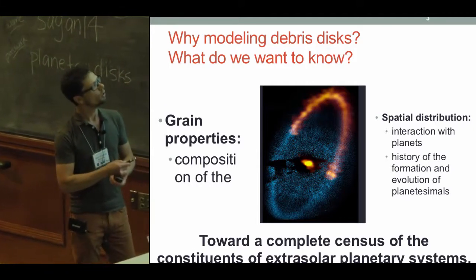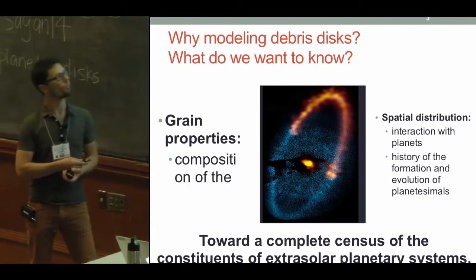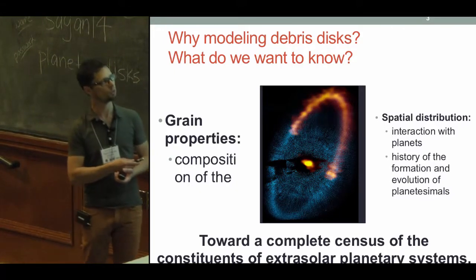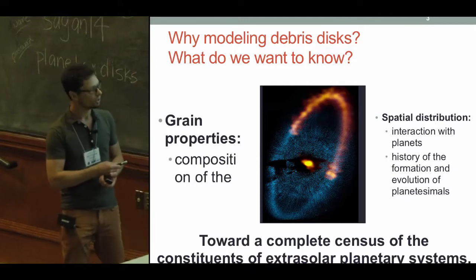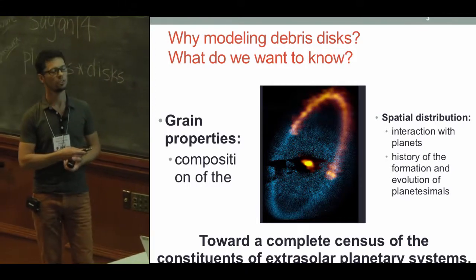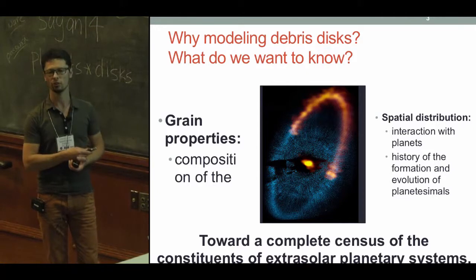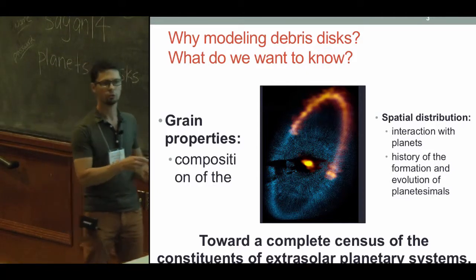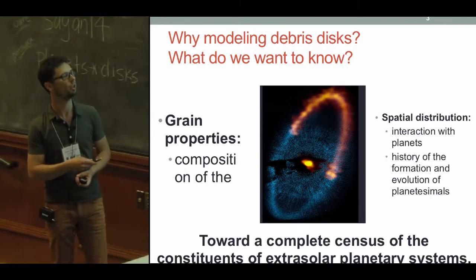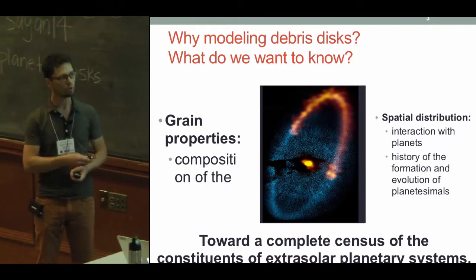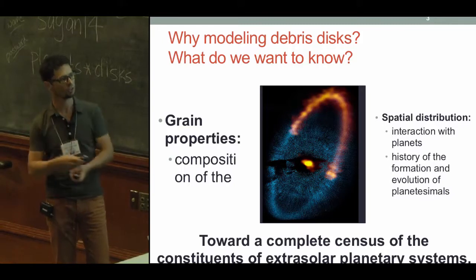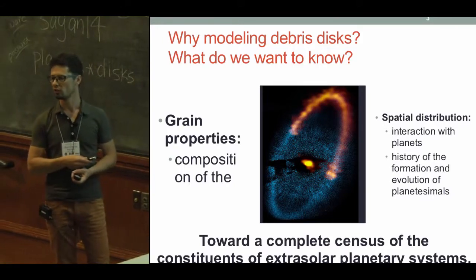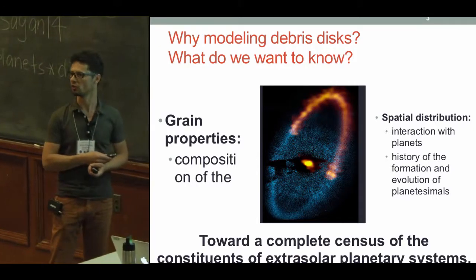You want to know where the dust is located around the star, and if you see some asymmetries, that could be due to the presence of planets. And overall, what you want to get is a complete census of the constituents of planetary systems, from the tiny dust grains to the very big guys, including Jupiter mass planets, from very close to the star to a very distant location from the star. And you want to use this information to infer the dynamics of your systems.